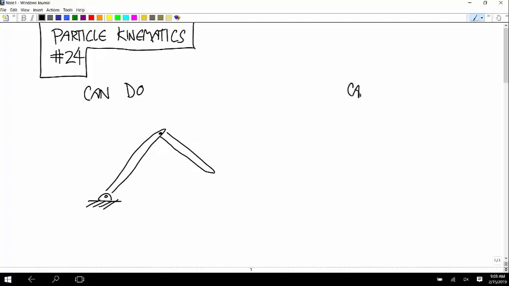So the idea is like we can do kinematics of a linkage like this. We can't do kinematics of a linkage like this.